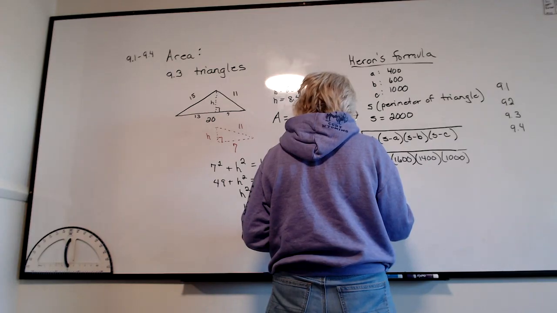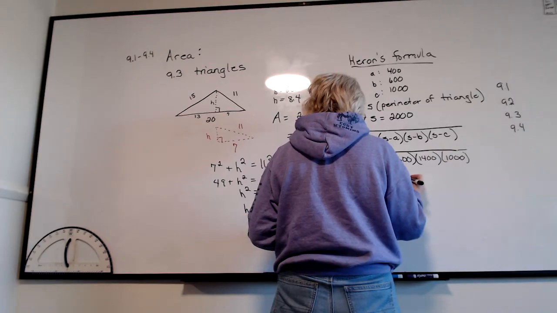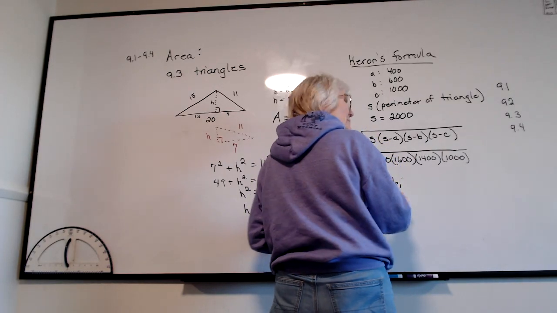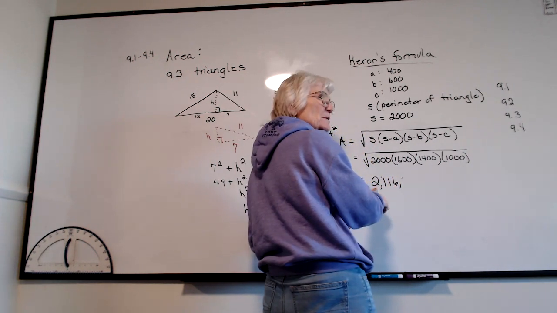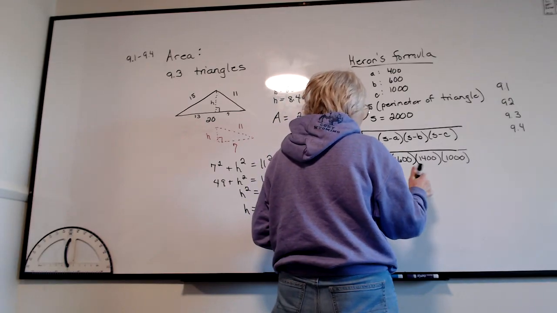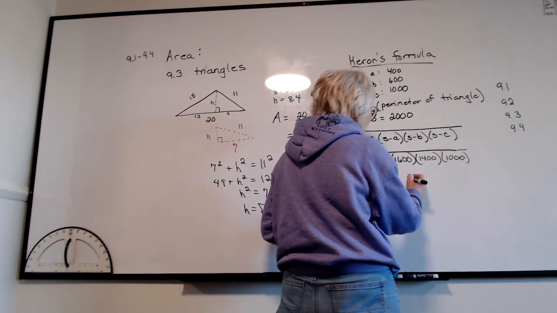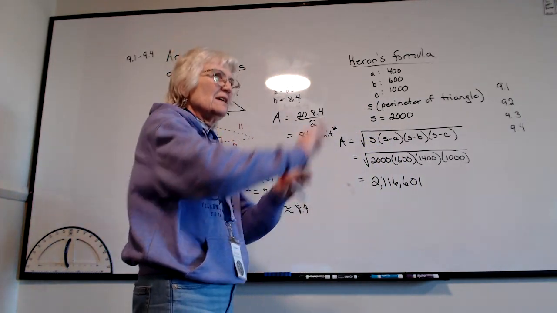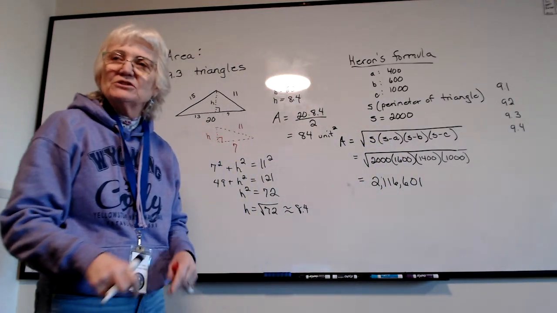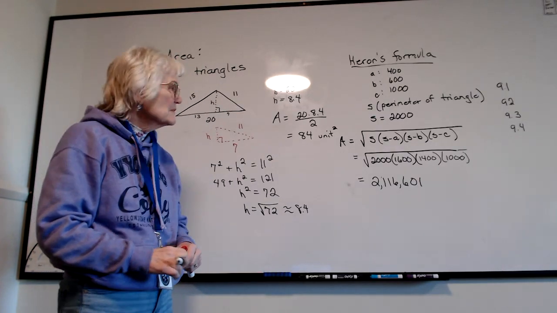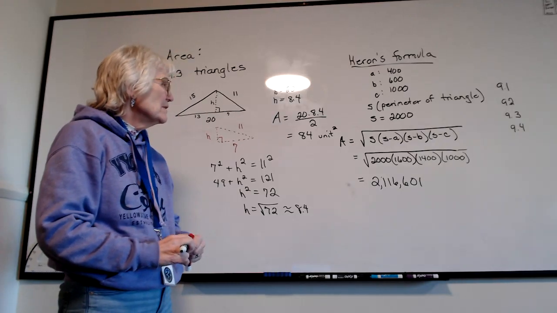I got 2,116,600. Is it thousands or millions? I said million. What did you get? I got 2,116,601 point something. Don't worry about the decimals. I got 2,116,600. Let me count here.